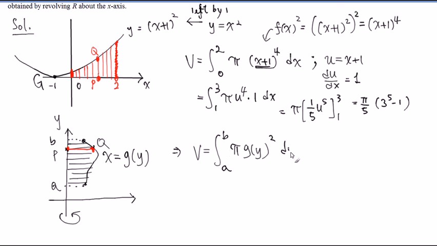Does that make sense? All right. So with a vertical axis of rotation, the cross section is in x, therefore y equals something in terms of x. Here it's rotated around the vertical axis like this, so your main variable is y, and this boundary curve must be in the form of x equals something in terms of y.